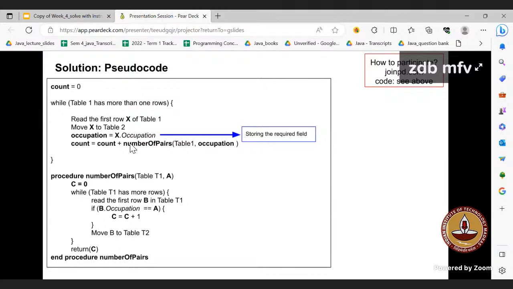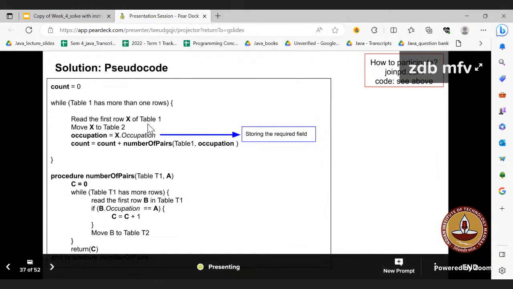Are this table 1 and table T1 two different tables or the same? Table T1 and table 1 are different. Table 1 is the first table and table T1 is the table which we are passing to the procedure.